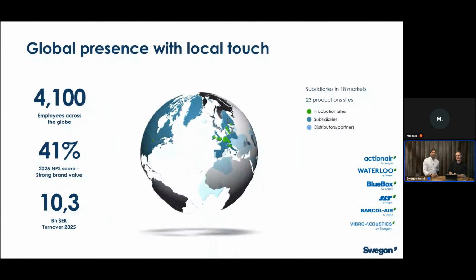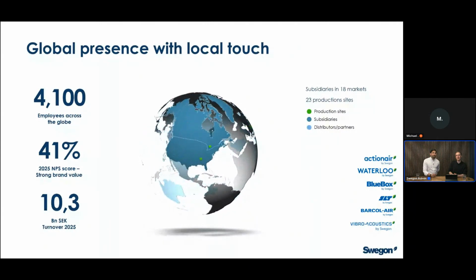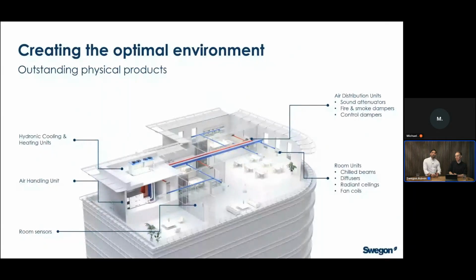We can switch to the next one and look into Swegon as a company. Except being at 23 production sites, we do almost everything within an HVAC system. Everything from the chillers and the air handling units, to the duct products going down to the room, and then of course the room unit products, such as chilled beams, diffusers, radiant ceilings, fan coils.